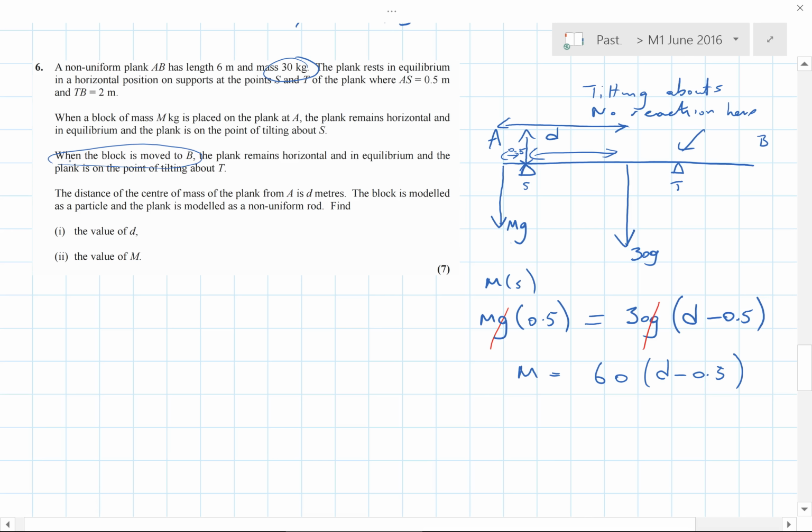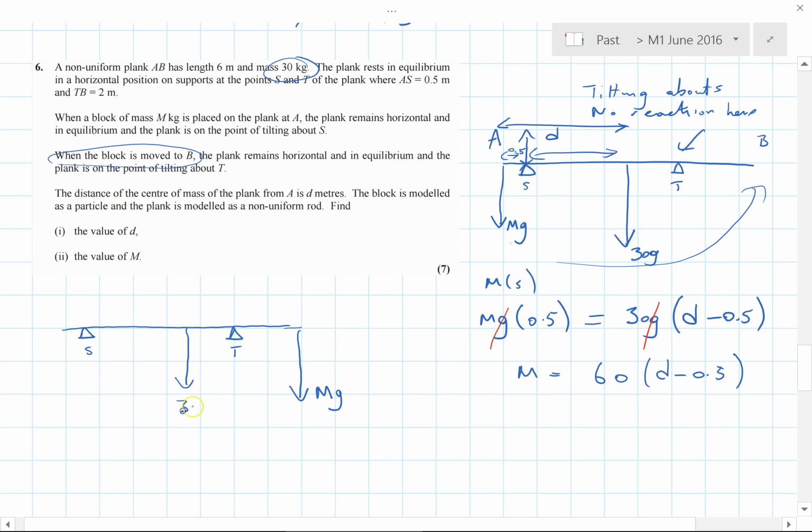Right, now we're given some extra information about what happens when this mass is moved to B. So this mass is moved over here. Let's draw that in a separate diagram. Remember, the supports are in the same place. It's just the mass being moved. So we've still got the support S here and the support T here. And we've now got mg here.